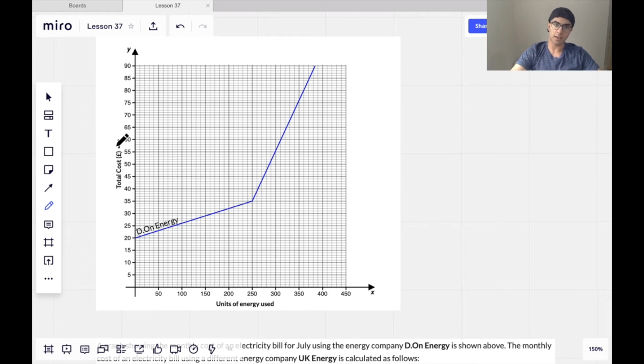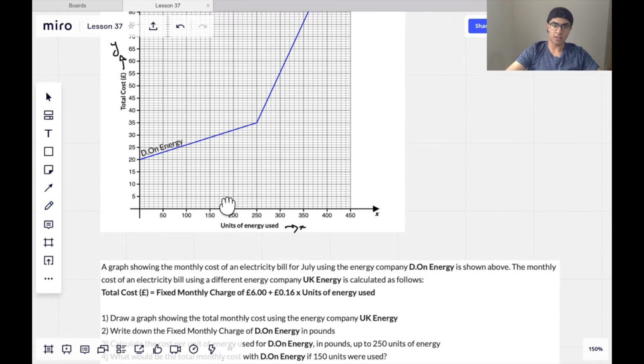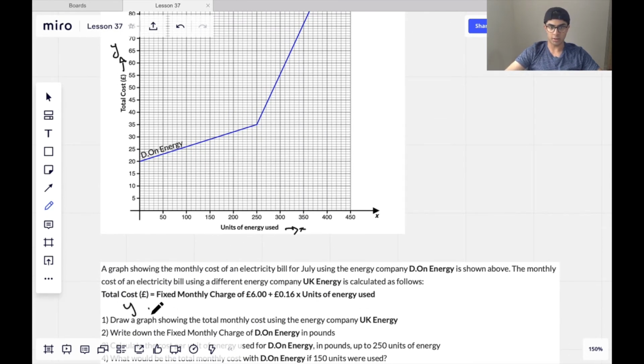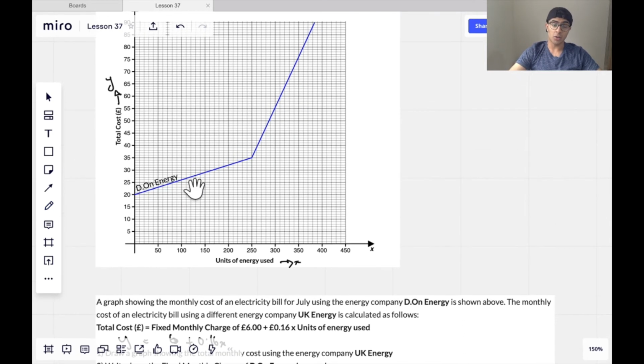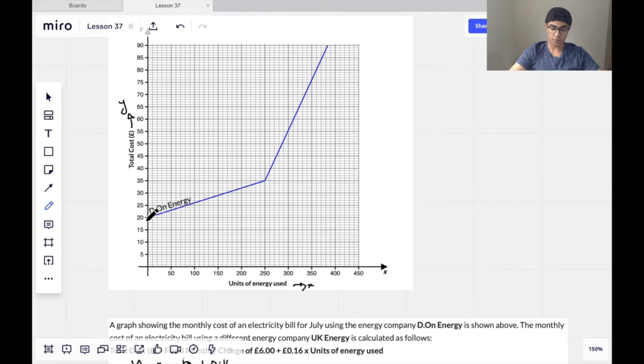So first thing, in my head, I'll think, this is the y-axis, this is the x-axis. So the equation of the line, for example, here is saying y is equal to fixed monthly cost, so that's just the 6, plus 0.16x. That's just a quick way. So you can see that's a straight line. But here, let's think about what the y-intercept means.